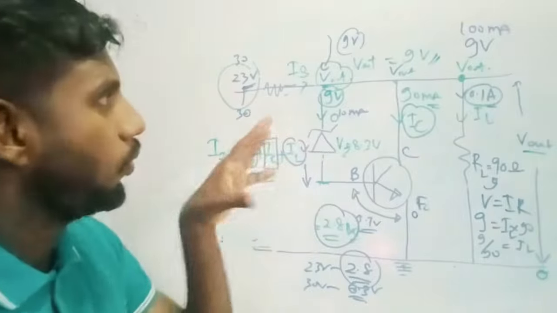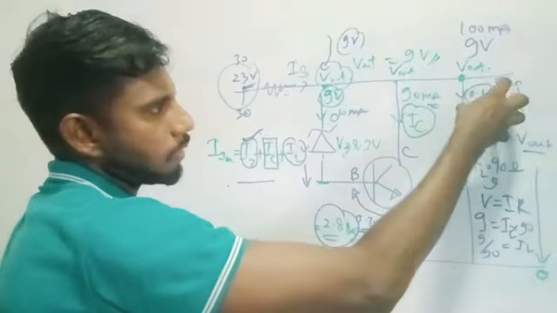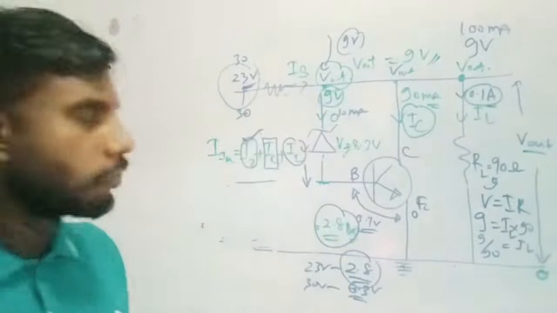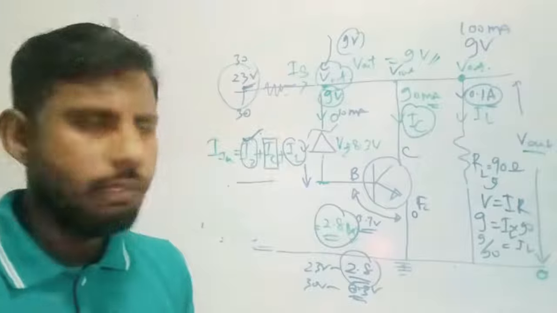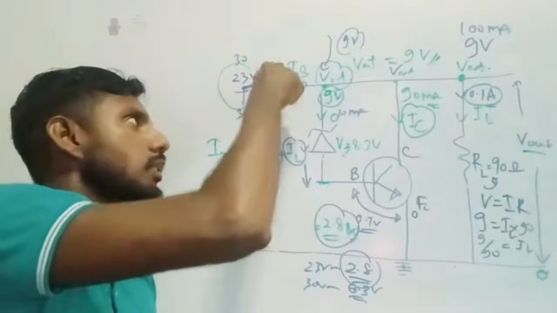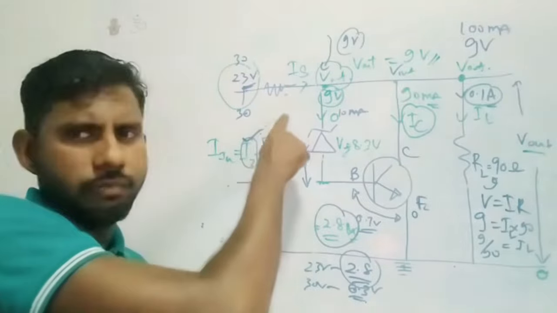Then the output voltage, so when this one goes down, by any means, if this voltage is increased, then the current IS will be increased. If the current IS is increased, the potential difference across this one will be different, right?